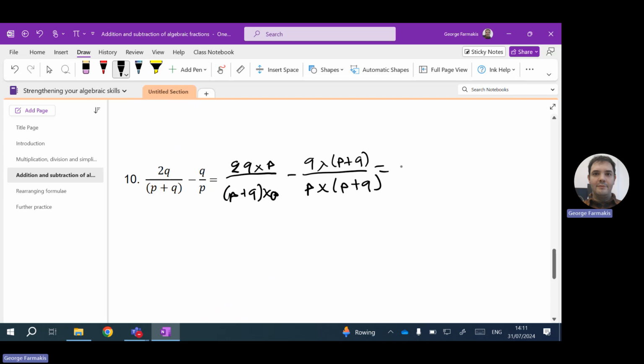So this will give us 2pq minus q, over p plus q.